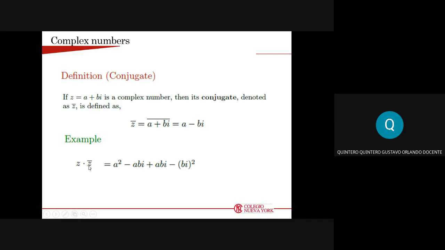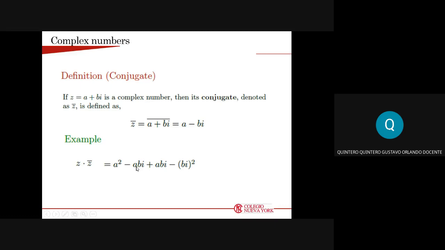So we are multiplying two complex numbers. And as we saw in the review, we have to do FOIL, right? So we do firsts, which is A and A, A times A, A squared. Then we do outers, which is A and BI, A times negative BI, so that'll be negative ABI.